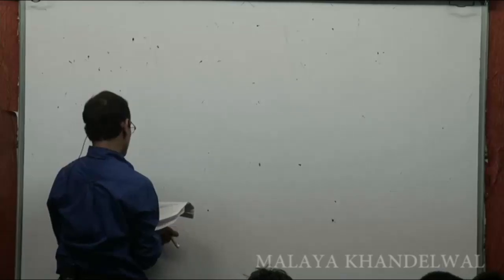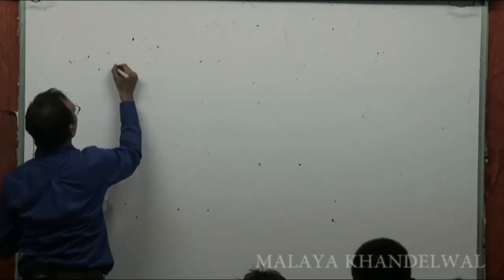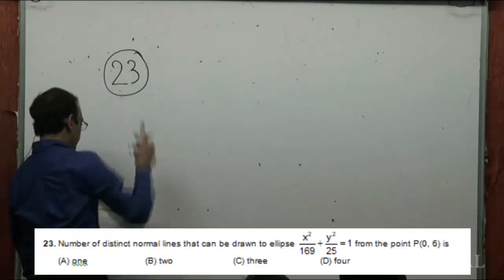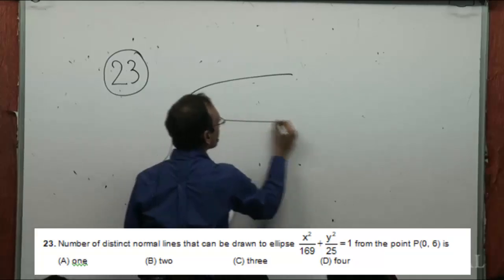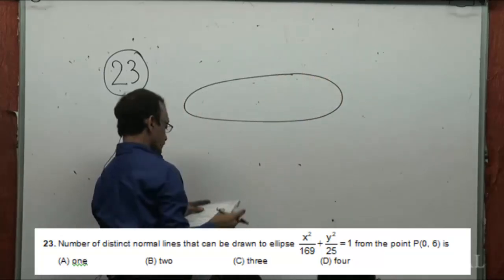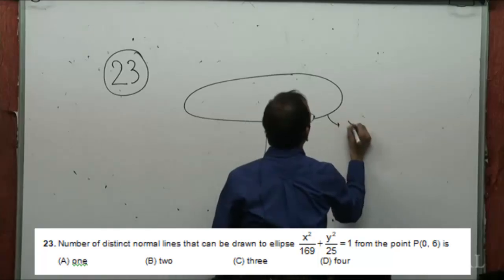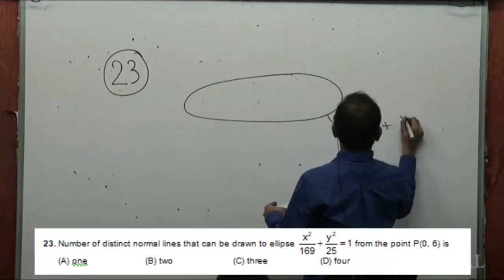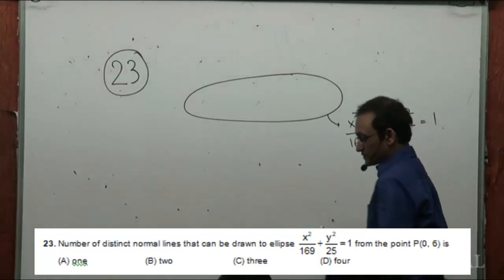So number 23. There is an ellipse, x squared by 169 plus y squared by 25 equal to 1.